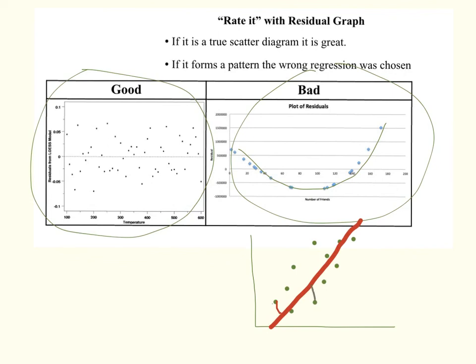How far this point is, how far this point, this point, this point. That's what that's measuring, the residual: how far the data point is away from your line of best fit. If I drew the line of best fit accurately and picked the right type of regression, it's going to come out as good. If I did not draw it properly, or if it's a bad correlation, or if I pick the wrong model, it's going to be a bad residual, a bad line of best fit.